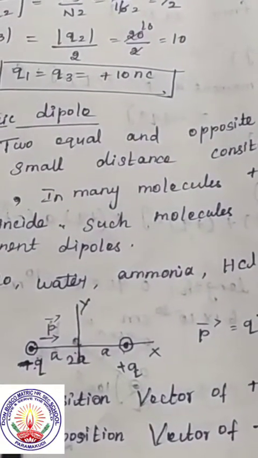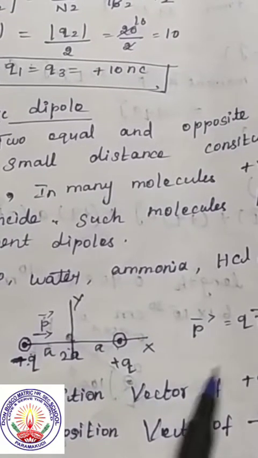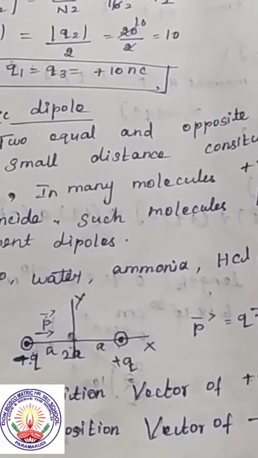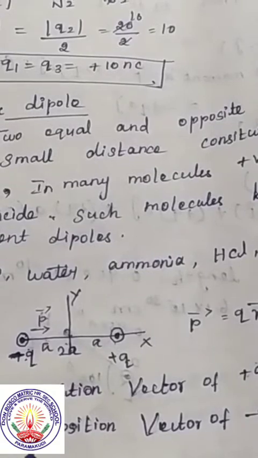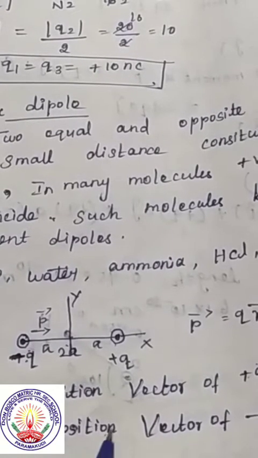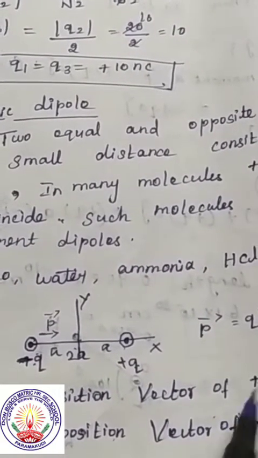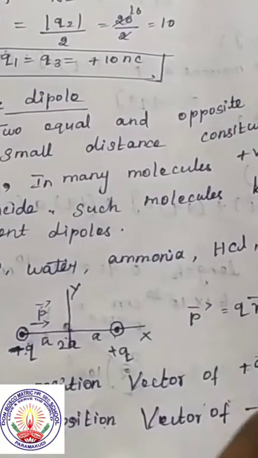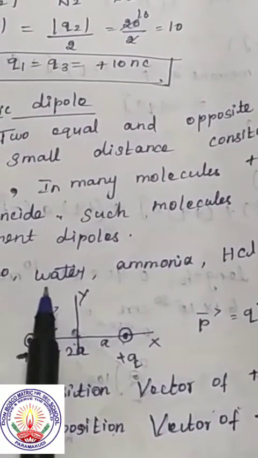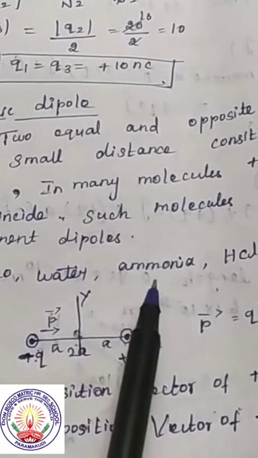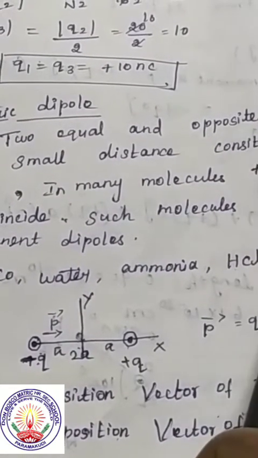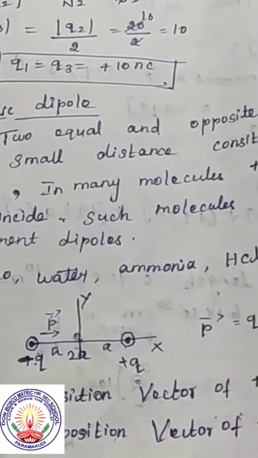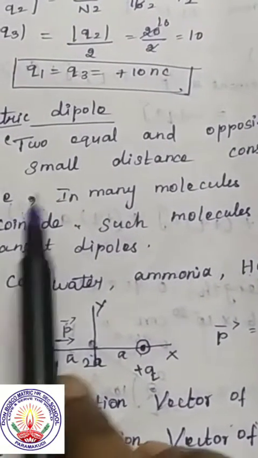So r plus vector means position vector of plus Q from the origin, and r minus vector is equal to position vector of minus Q from the origin. So what are the examples? CO, water, ammonia, HCl, CHCl3. So these are the examples of electric dipole.